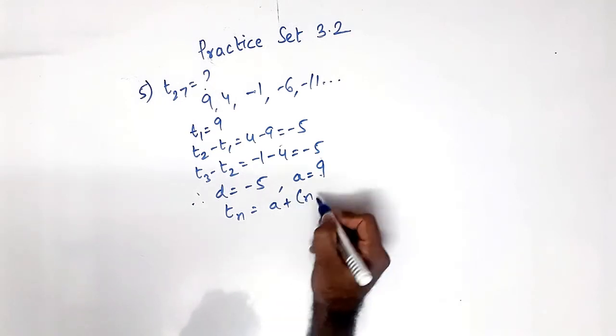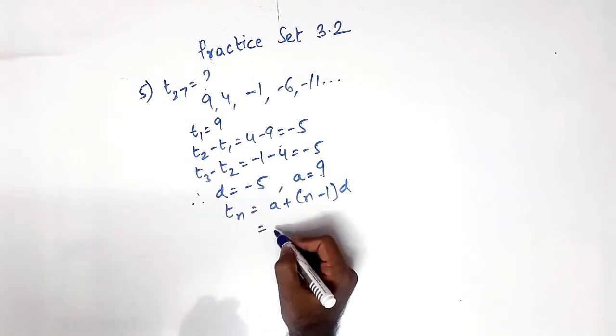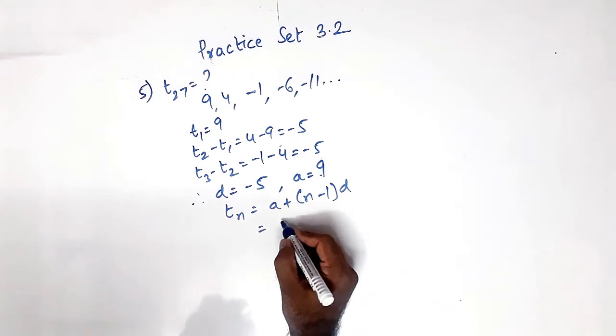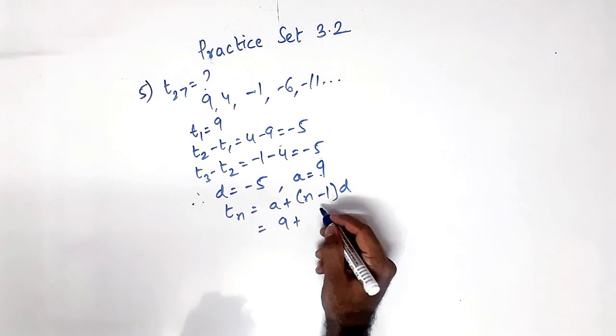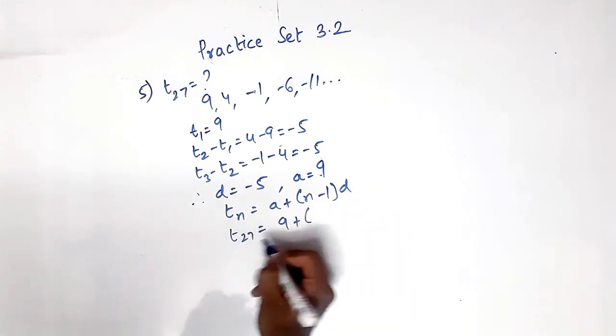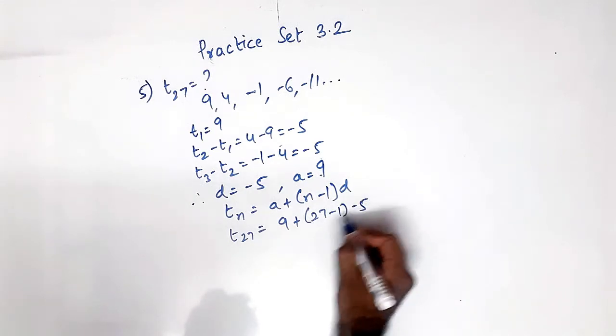What is the formula? A plus n minus 1 into d. Okay, so A is 9 plus n minus 1, we'll write here T27. 27 minus 1 into difference is minus 5.